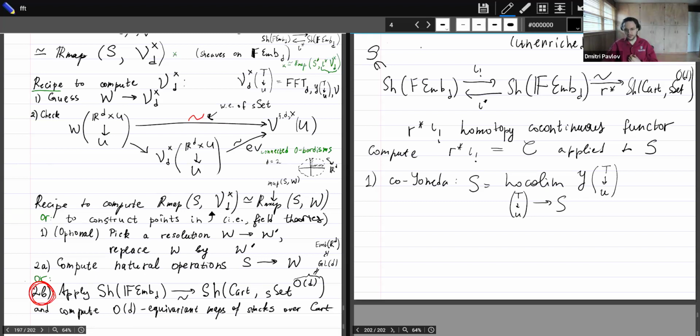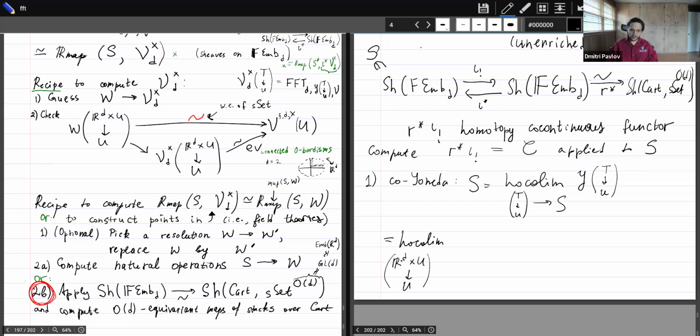Next, I'm going to restrict to a smaller subcategory. First of all, let me point out that we can harmlessly restrict to projections of the form R^D times U over U. Why can we restrict to such objects?